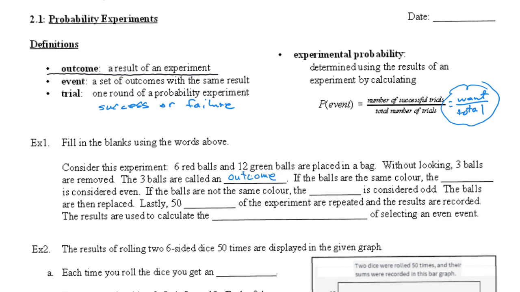And if the balls are the same color, the event, so this is a specific thing that happens. If I pull them out and boom, all of them are the same. That is one specific possibility, okay? So you can think of an event as one possibility.